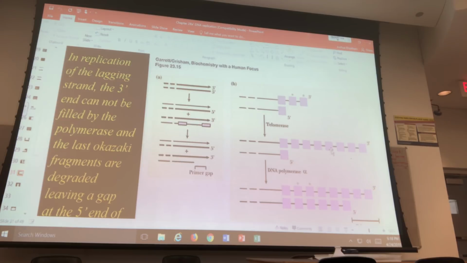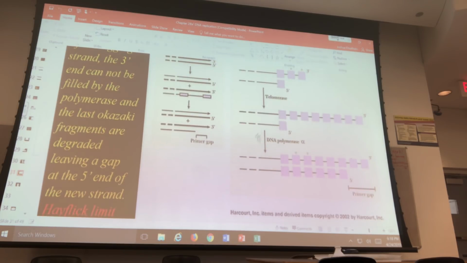Now that you have more lagging strand template, the enzyme DNA polymerase alpha can finish replicating the lagging strand. So both of these put together are necessary for replicating DNA in telomeres. Not all cells have telomerase. Only cells that replicate very quickly have telomerase. And you may remember a question about that on exam 3.